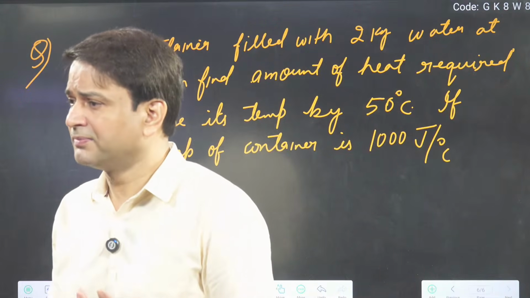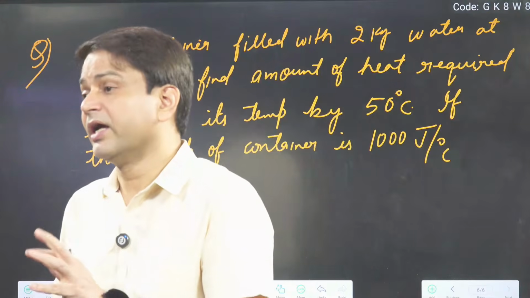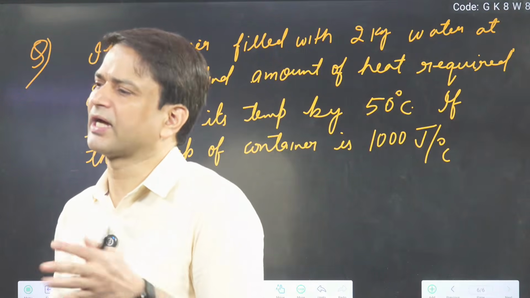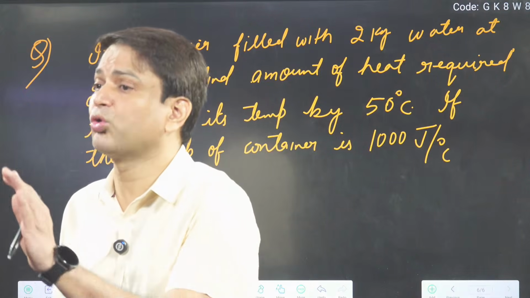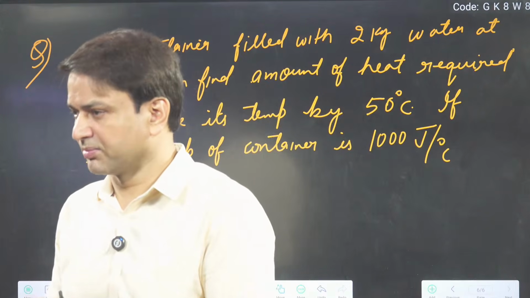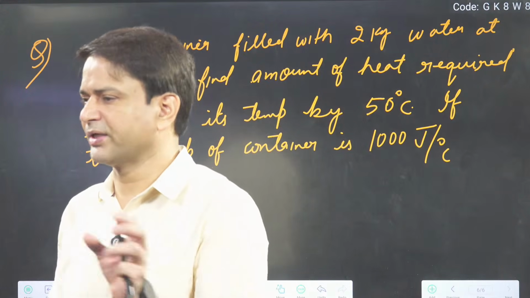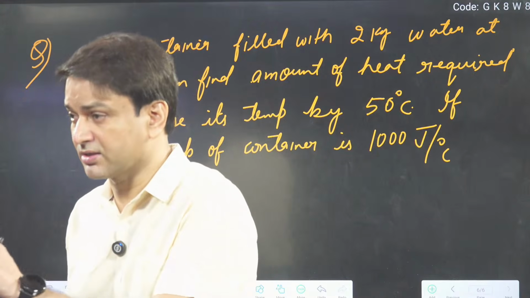H is negligible, so Q is equal to H delta theta. If H is negligible, then Q will be negligible. So container temperature will change, but it will not absorb the heat. Heat absorbed by the container we will take as 0.